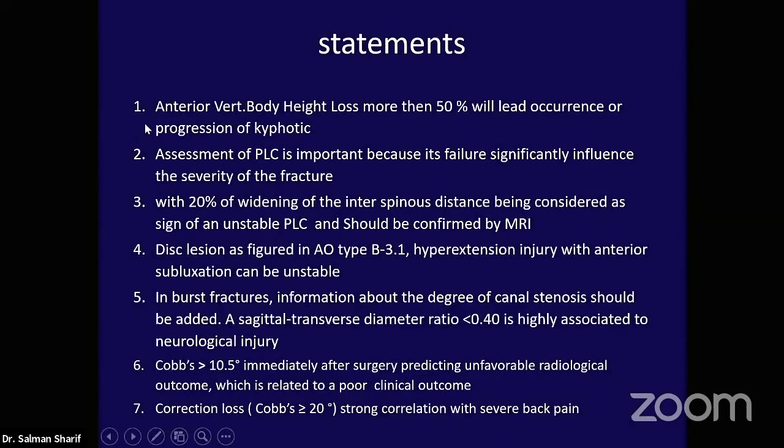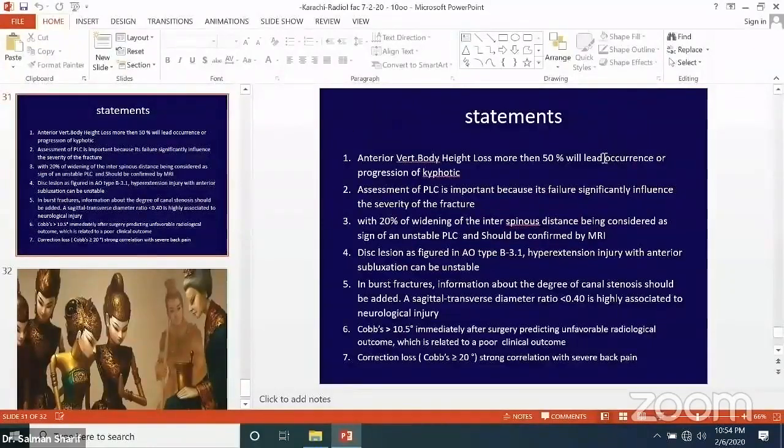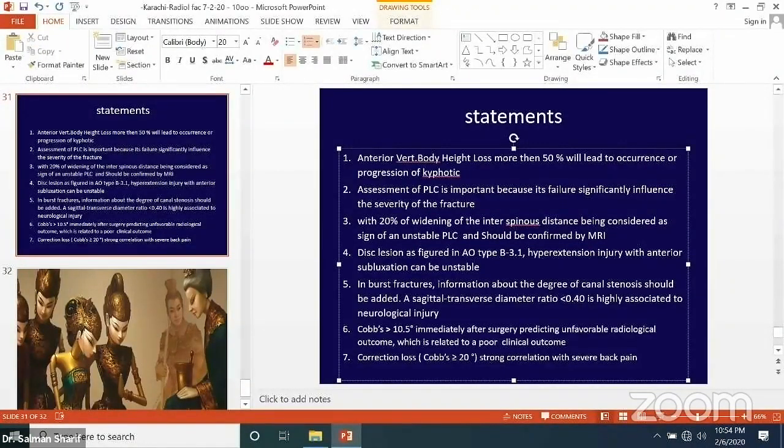First statement: anterior vertebral body height loss more than 50% will lead to occurrence or progression of kyphotic deformity.